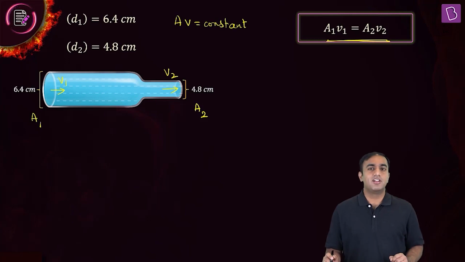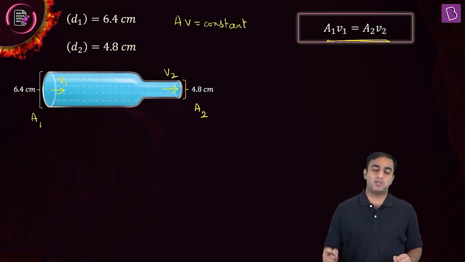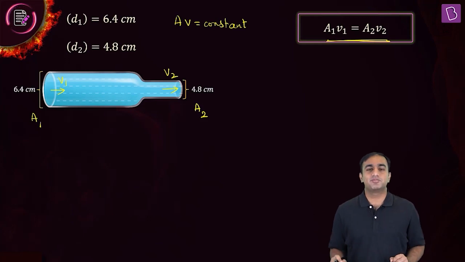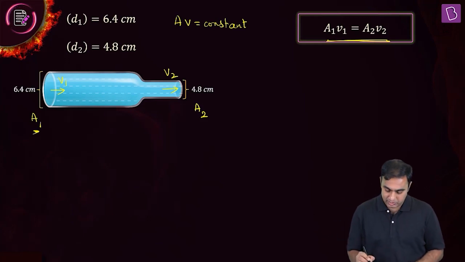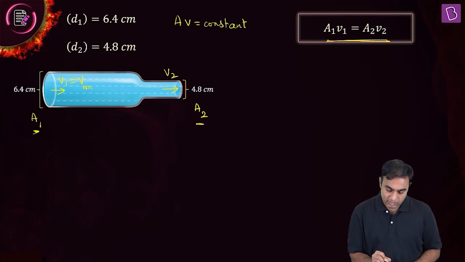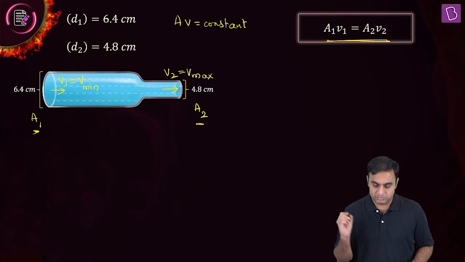In other words, the volume of the fluid entering the pipe on one end per unit time must be equal to the volume of the fluid flowing out per unit time at the other end of the pipe. But you also notice that if A into V is a constant, if A increases, V reduces and vice versa. Since A1 is higher in magnitude compared to A2, we can conclude that V1 has to be minimum in magnitude and V2 will be maximum.